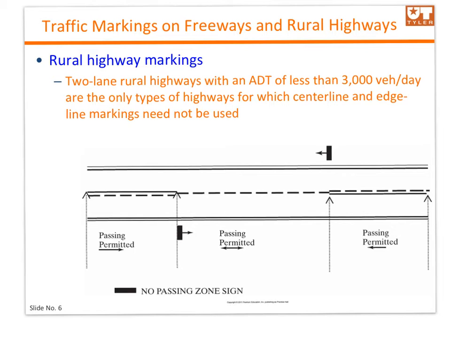While if you are driving and the line on your side is solid yellow, that means passing is not permitted on this side. And in some locations where the sight distance is good enough for the 2 directions, as you could see here, in the middle portion of this highway, the passing is permitted in 2 ways.